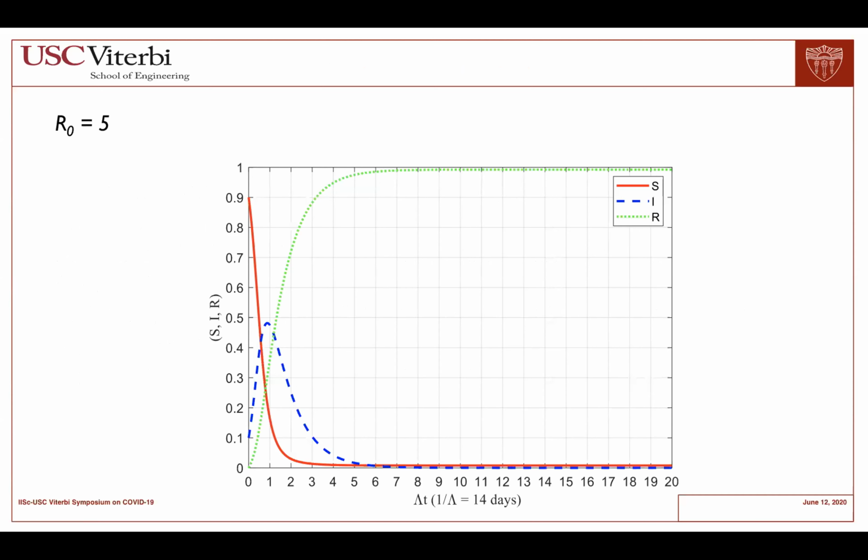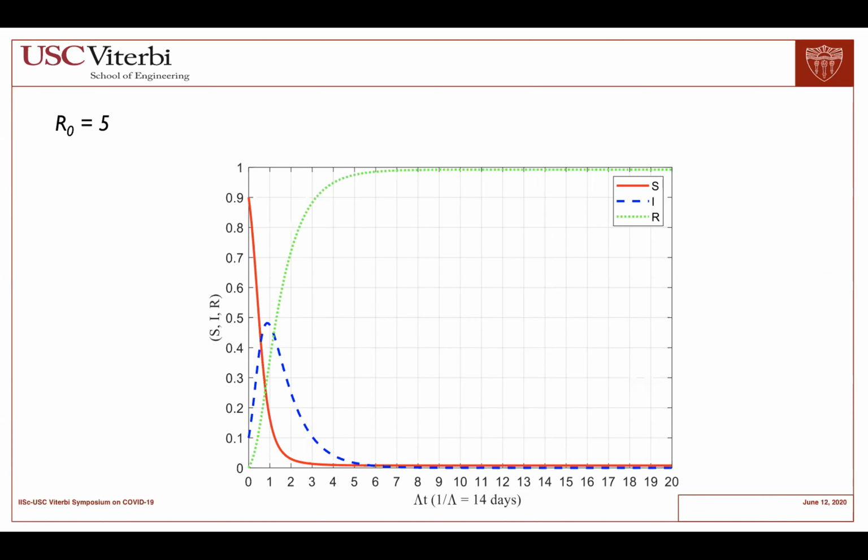This is the standard SIR curve that many of you have probably already seen. This corresponds to a value of R0, a non-dimensional reaction rate, of 5. Many people say for COVID, the R0, when it is completely unchecked with no policies, is around 3 or 4, so this is something more virulent than COVID-19.